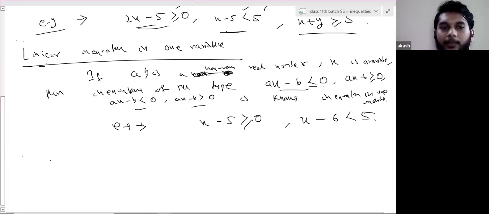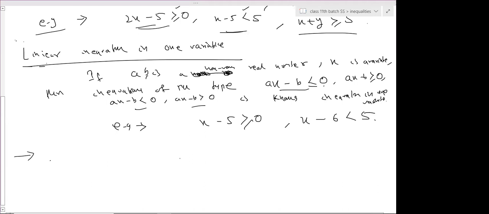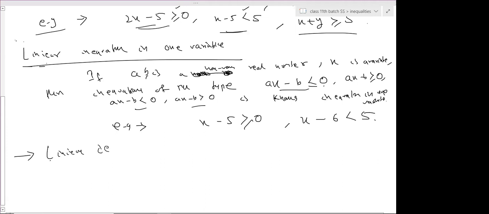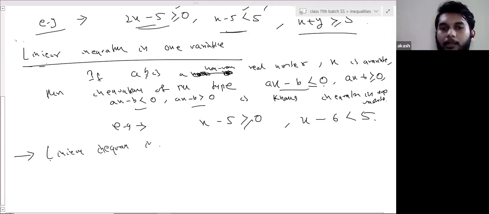Fahad, we started linear inequalities. I told you what linear inequation in one variable means, right? Now linear inequation in two variables. Very simple.